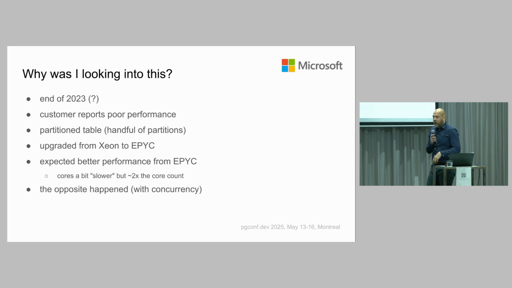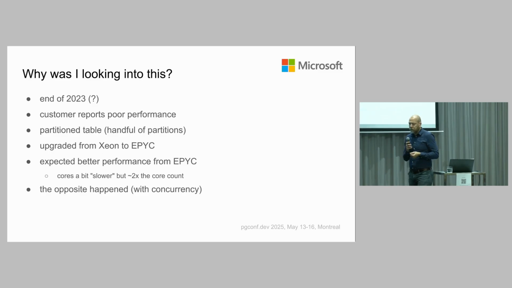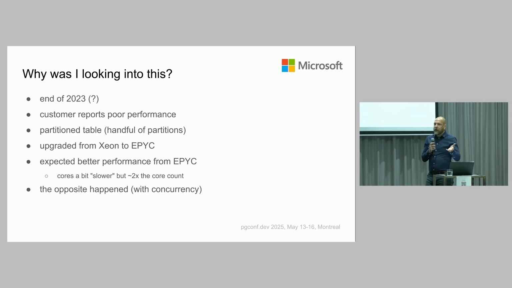So why was I looking into this particular problem? And I will explain the problem in a minute. So it was end of 2023, customer reports poor performance, right? They have a system which was running on Xeon CPUs. They upgraded to Epic machines with many more cores, and they expected to ultimately get better throughput, right? It was an OLTP workload.